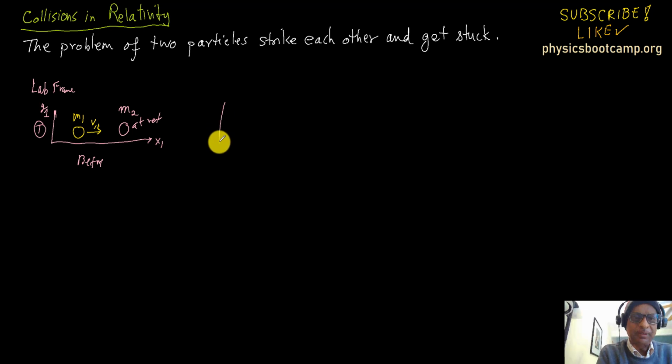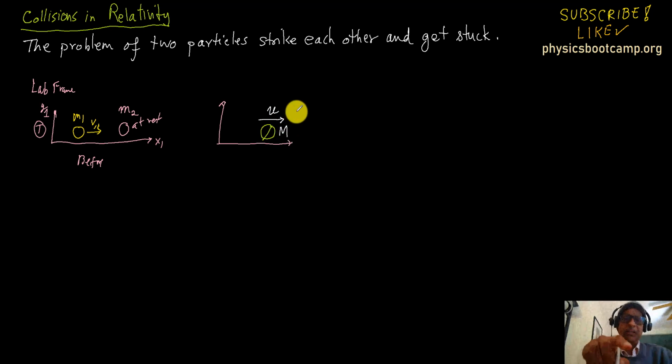And after, we'll say these particles get stuck. So this is the net particle, and it is going to go with a speed I'm going to call U, and this particle has a mass M.